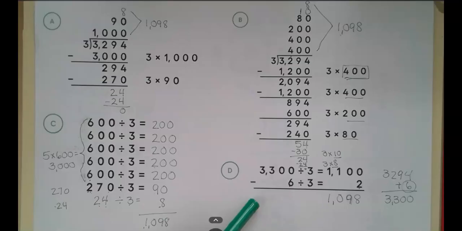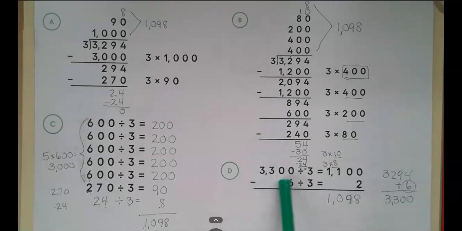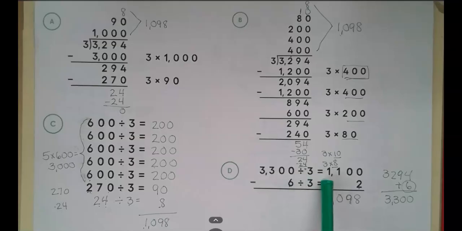In this problem, the student thought, well, 3,294 is pretty close to a really easy number to divide by 3. It only needs 6 more to be 3,300. I can divide that by 3 really easily in my head. So what they did is they divided 3,300 by 3 and got 1,100.